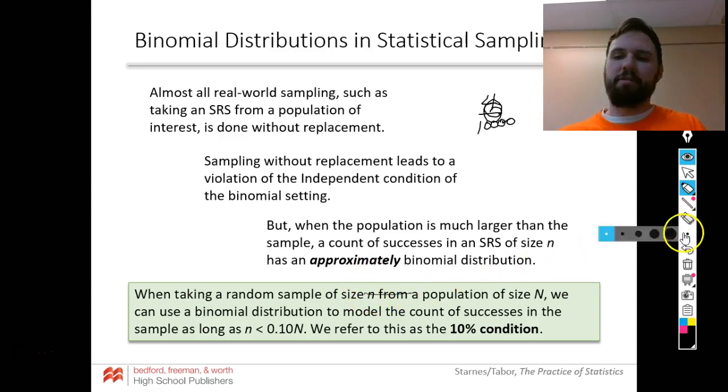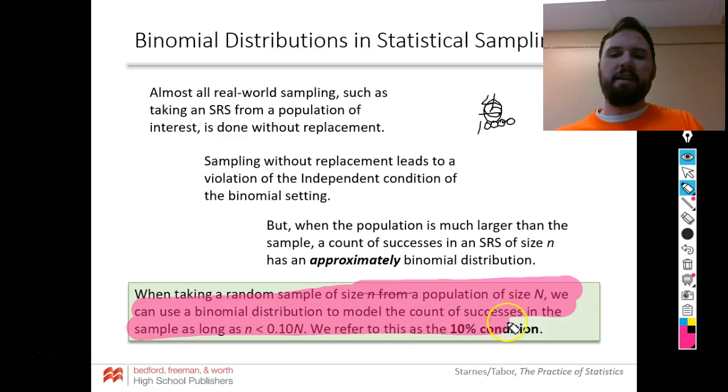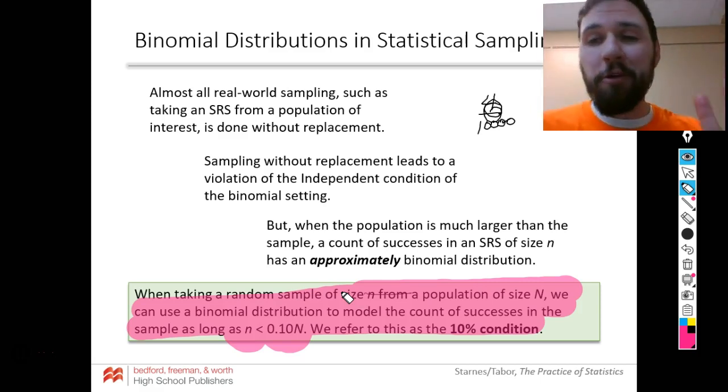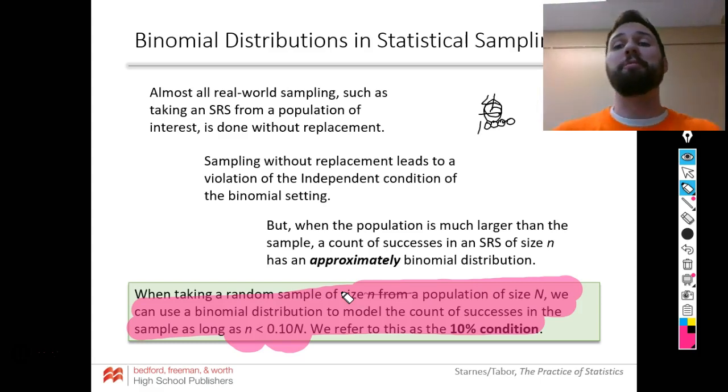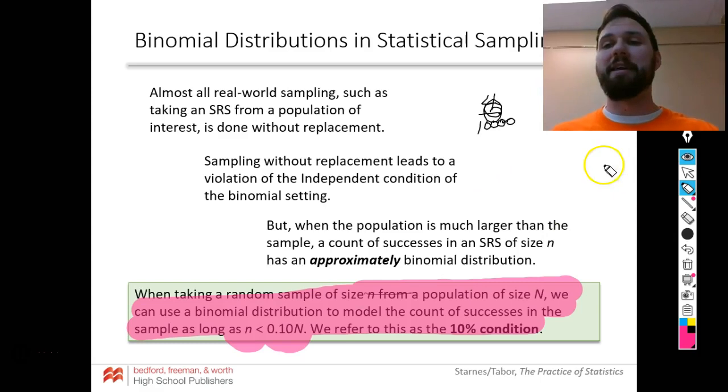So if your sample size, n, is less than 10% of the population, then it passes the 10% condition, okay? So it wouldn't be independent, but it would be approximately independent, like me.